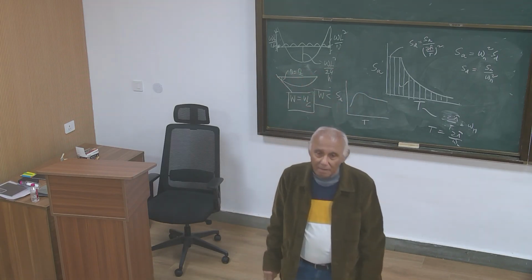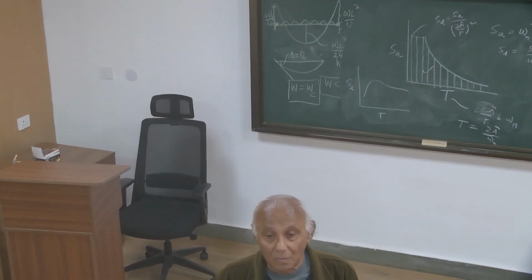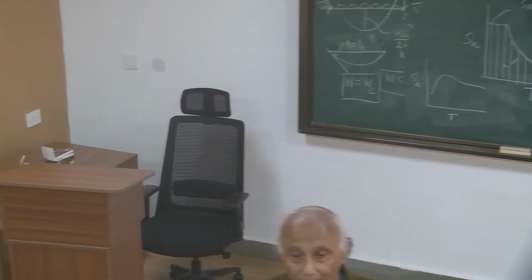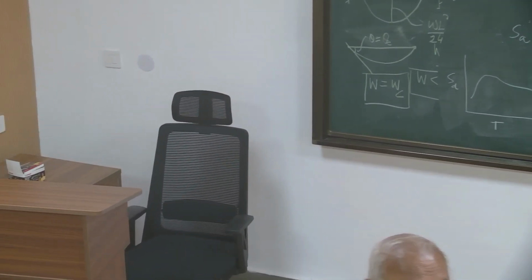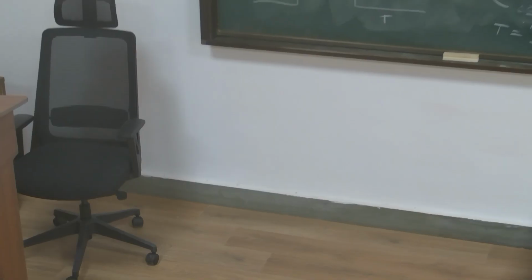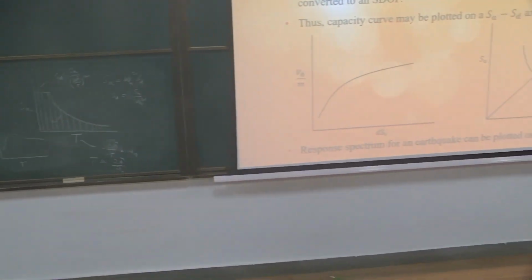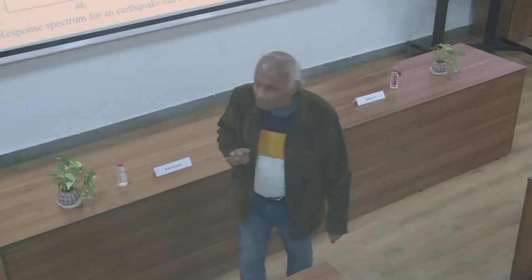Now in these two plots, what is common? Time period is common. T is common. So what you do, you can remove T, this common. So therefore, you take any value of T.